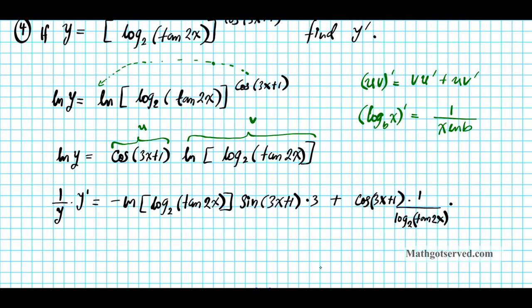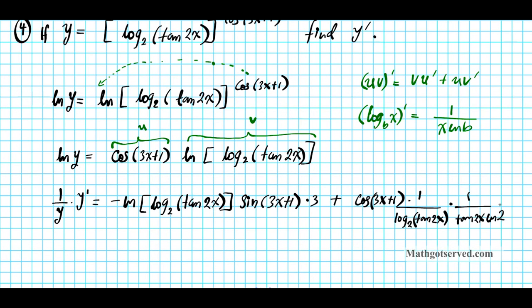So that's what we're going to have here. It's going to be 1 over x, which is tan 2x, so 1 over tan 2x times the natural logarithm of the base. What is the base? 2.